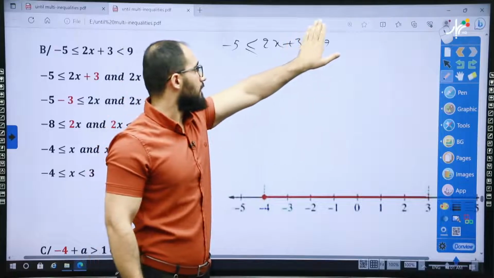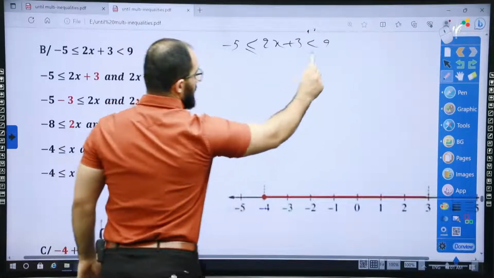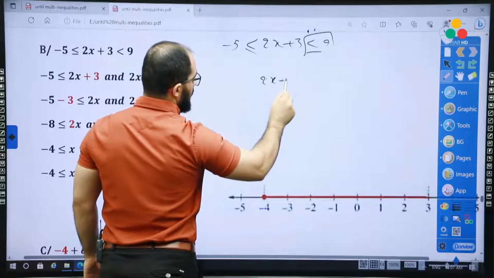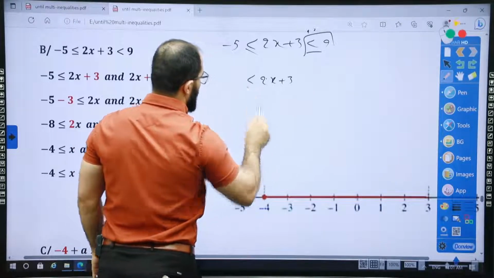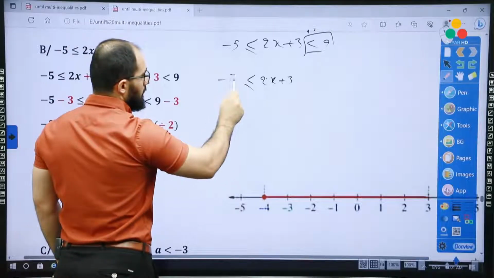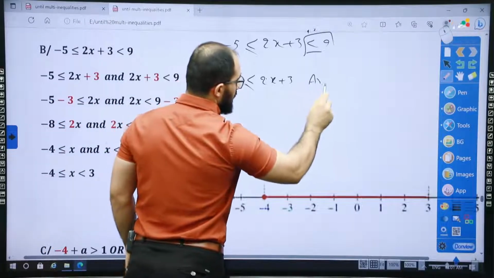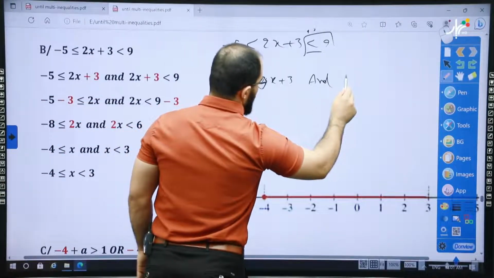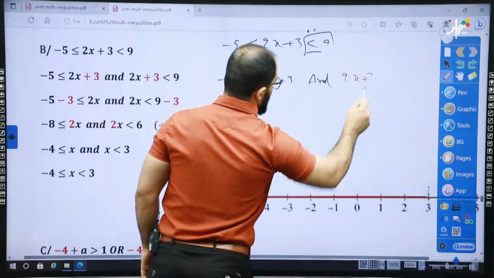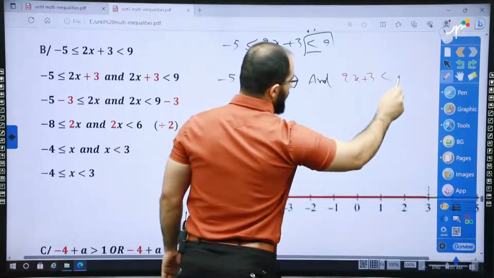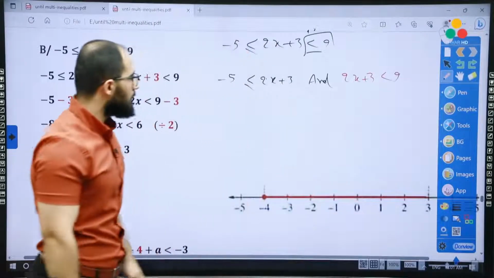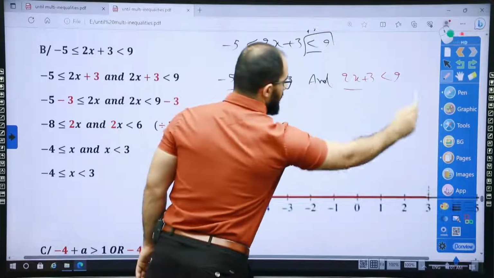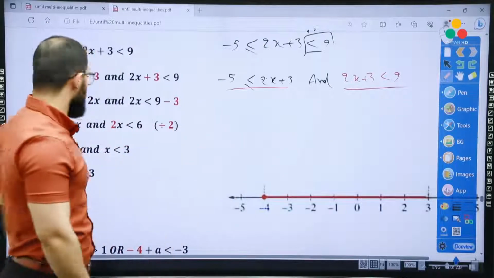First, the left side: if you cover this side, we have 2x plus 3 greater than or equal to negative 5. And we have 2x plus 3 less than 9. Again, we have two inequalities. This is the first inequality, and the second inequality, and we are going to solve them separately.